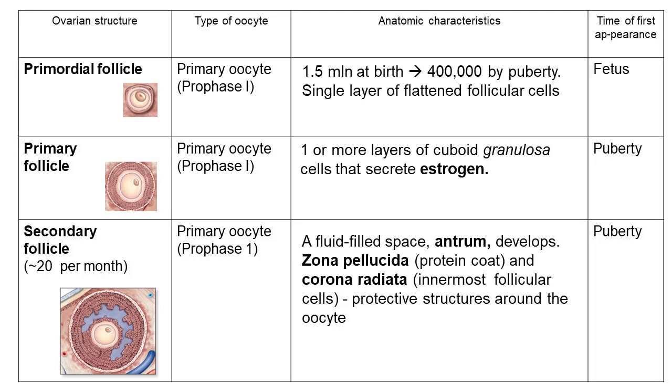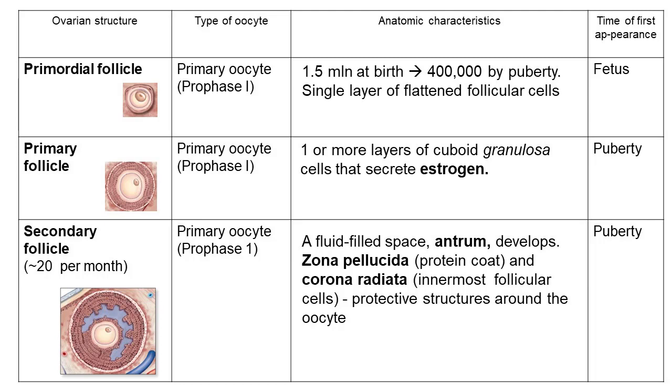What is meant by primary oocyte? That's the egg. As you know, before you're born, that oocyte has started going through meiosis, but it's held in suspended animation in prophase 1. It's condensed, it's got the sister chromatids, but it's just on hold.